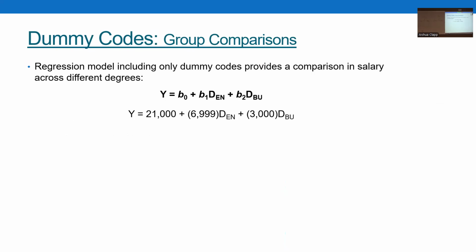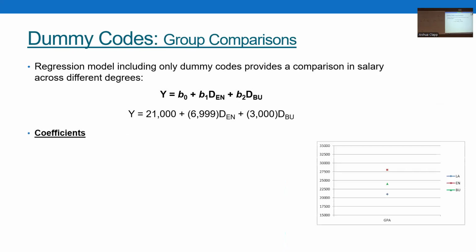Same thing for business. In this model, this is the actual observed difference, the average difference between liberal arts and business degree holders. Again, starting at 2,100, we're just adding $3,000 to this, and now you're up to business. Okay.